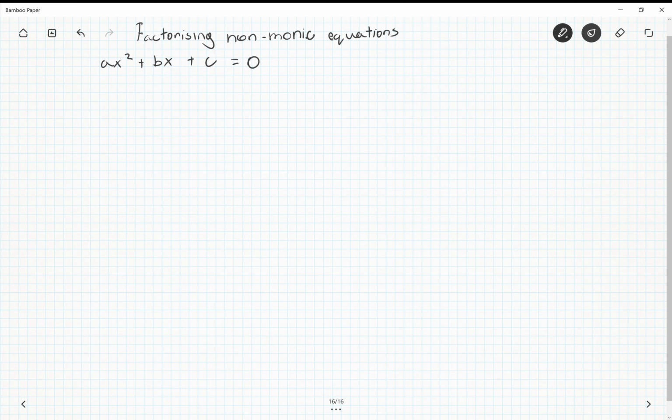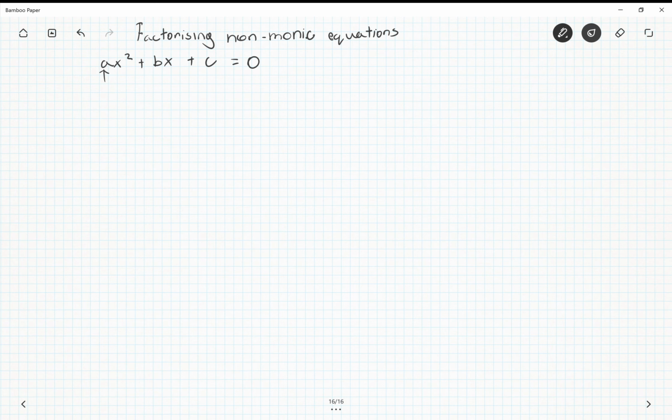In my previous videos, we've just assumed a equals 1, leaving it as just x squared. Now this makes it a monic quadratic equation. Monic means 1. That's literally what it means. So that means non-monic is when it does not equal 1.